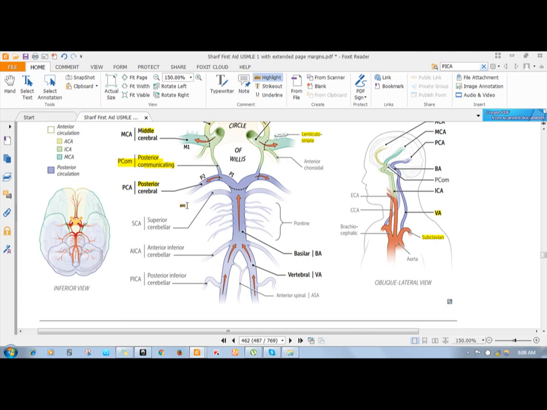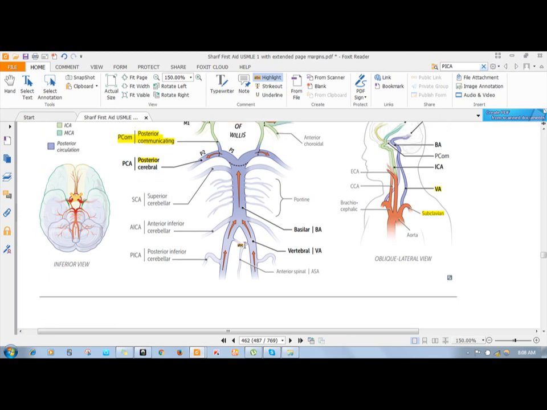One important branch is the superior cerebellar artery, but it does not cause any brainstem syndrome. Maybe it does, but it is not that important for your Step 1 exam. What are important are those three vessels: the anterior inferior cerebellar artery, the posterior inferior cerebellar artery, and the anterior spinal artery.